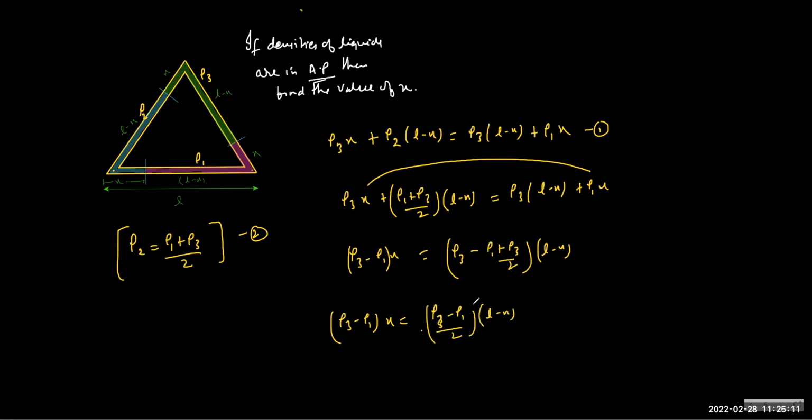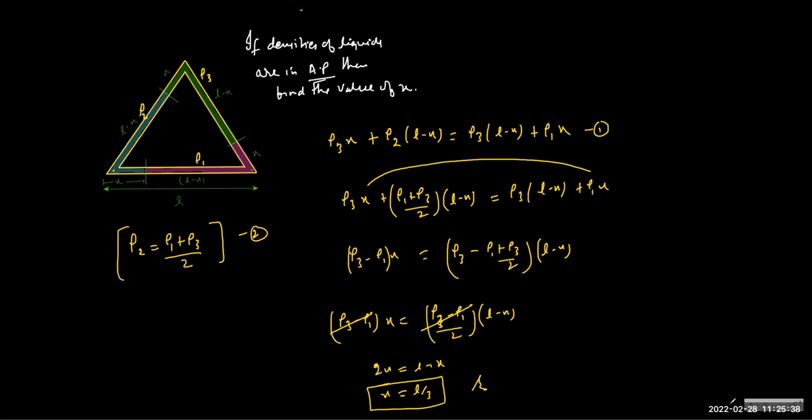And you can see this will cancel this out. That's interesting. So we have 2x equals L minus x, so x equals L by 3. This is a tricky question to solve, although the answer is pretty simple. In fact, the diagram is drawn to scale, so it's L by 3 roughly.